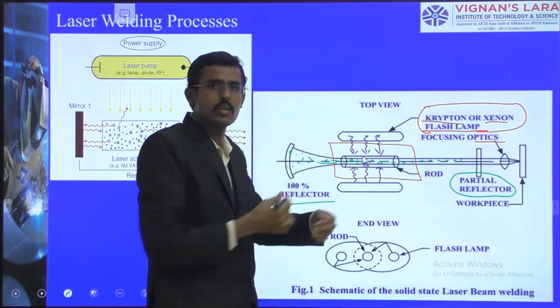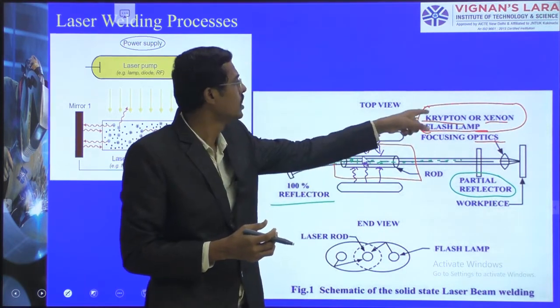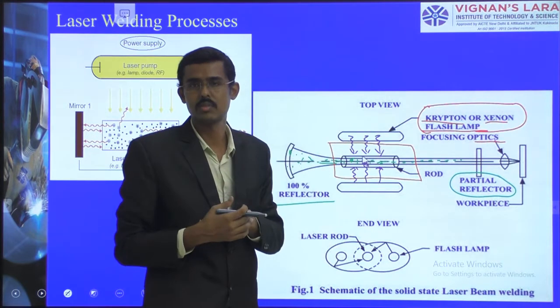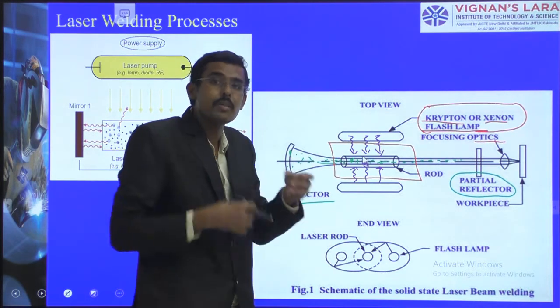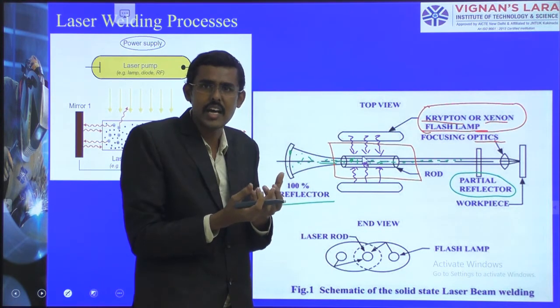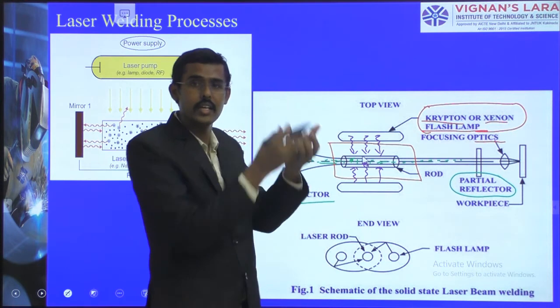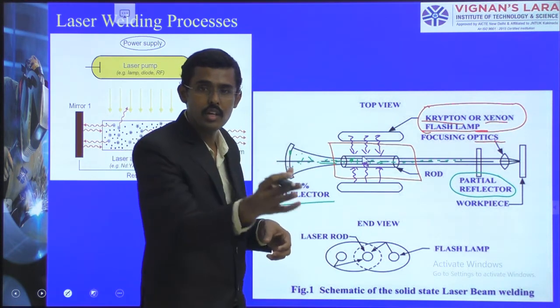Here and there, to and fro, the bombardment takes place and energy keeps on being given through the xenon krypton flash lamps. This multiplies the energy density. It means it is heat we have generated. That heat, the laser converted to heat, that heat we are going to use for the welding process.